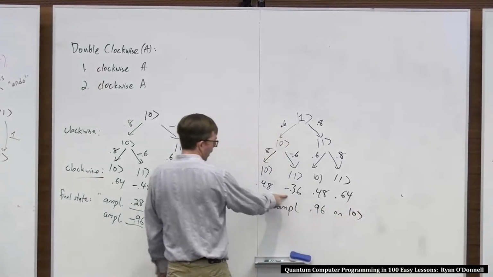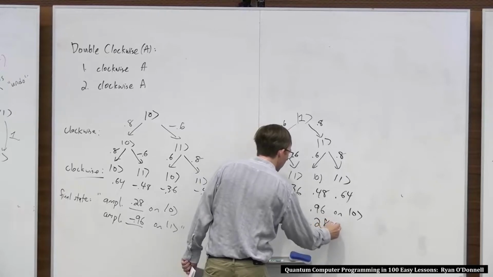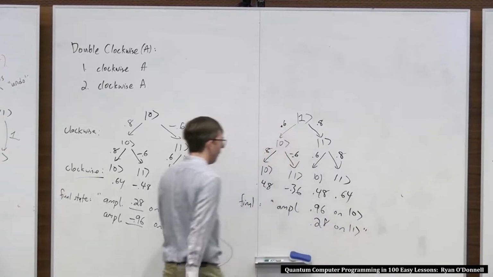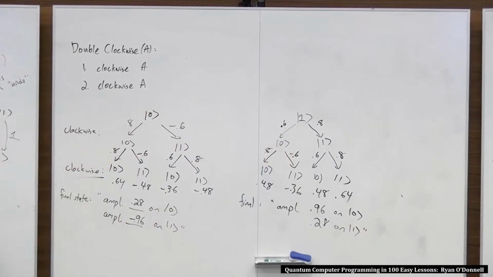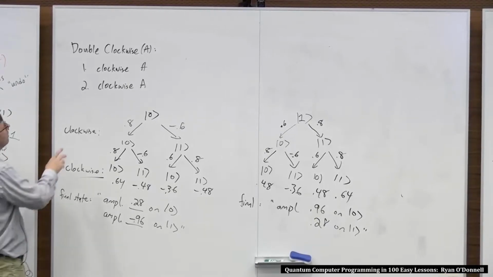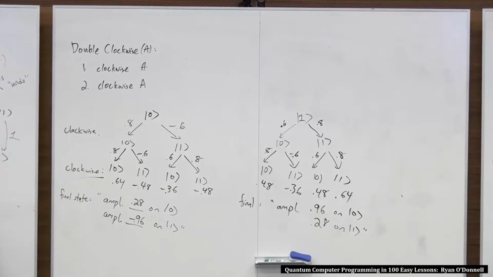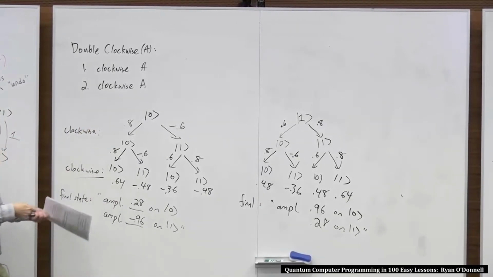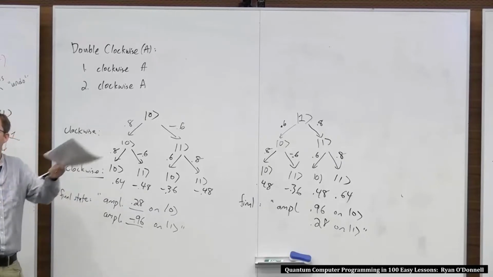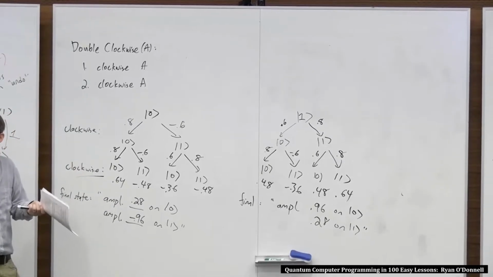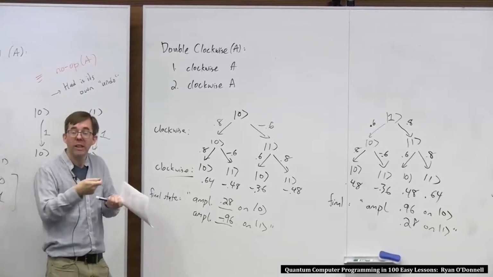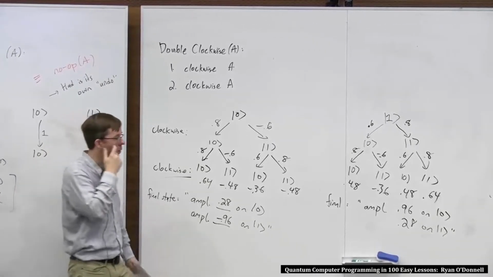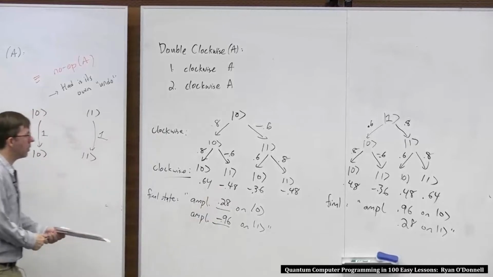And on 1, we get minus this, so it's 0.28 on 1. So this little exercise tells us everything you need to know about double clockwise if you want to consider it as a new subroutine that you can plug in. You know what it does to 0, and what it does to 1, so you can fill in your amplitude trees.